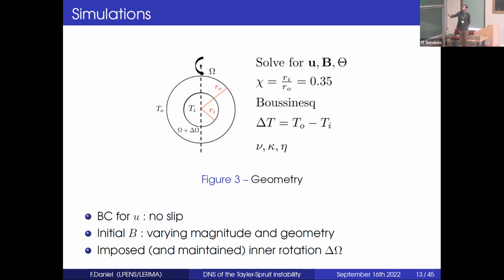And as for the boundary condition, we've got no slip on both spheres. And what's important here is that we can actually vary the magnitude and the geometry of the field we're going to impose initially, because we can test different scenarios proposed in Spruit or in others. And last point, which is important, is that we impose the inner rotation at the inner core, and we maintain it during one entire simulation.